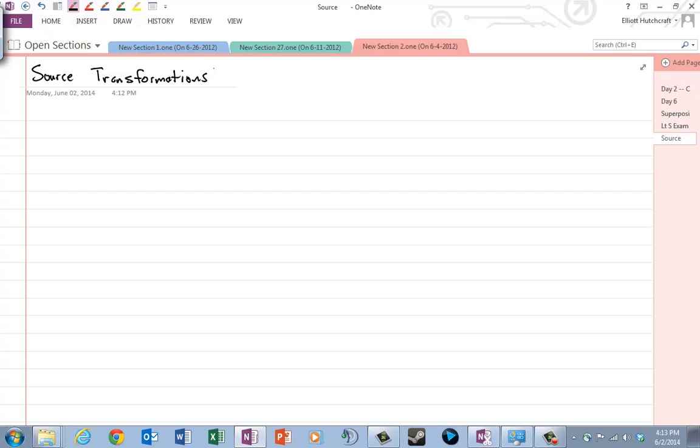So first off, what is this source transformation supposed to do? Well, if you have sources in certain combinations, you can easily manipulate the sources, transform them between voltage and current source and vice versa, and manipulate your circuit into an easier circuit without ever really having to analyze much.